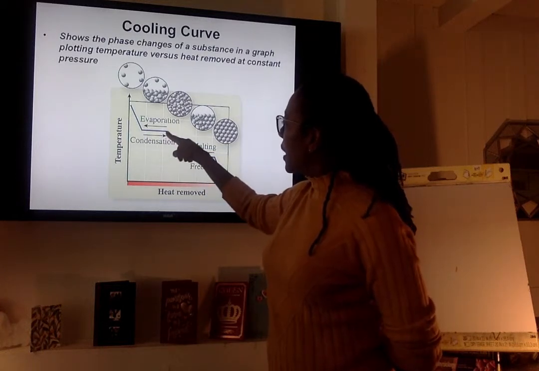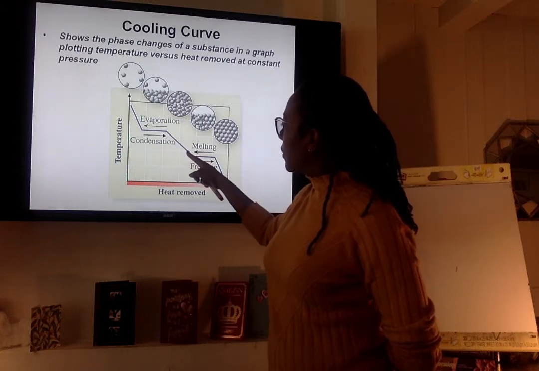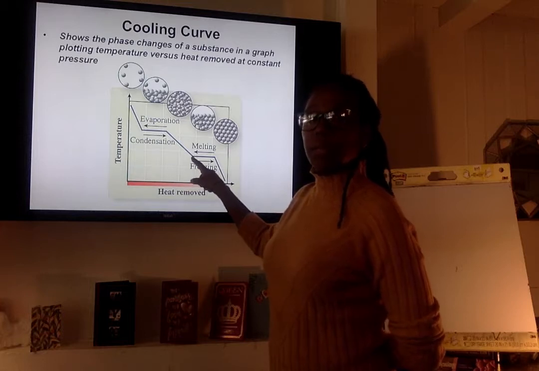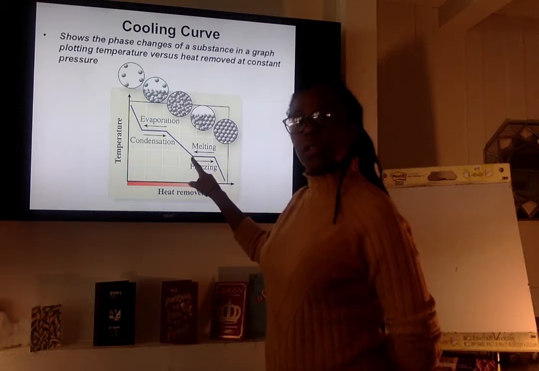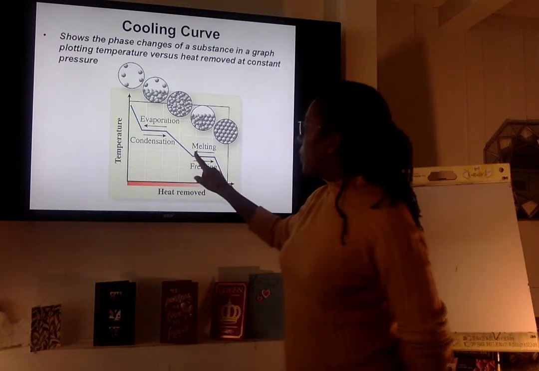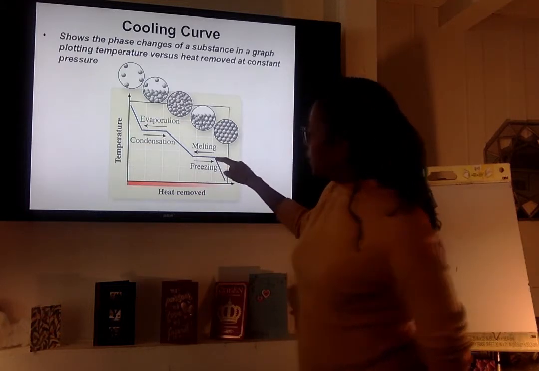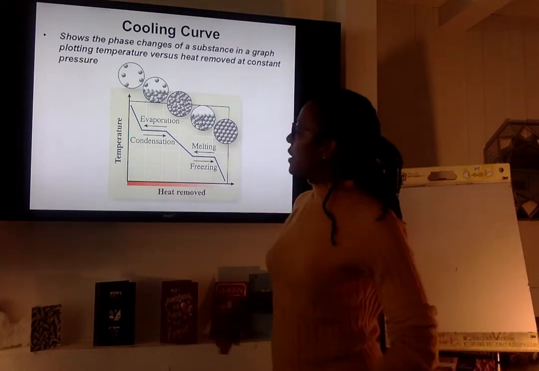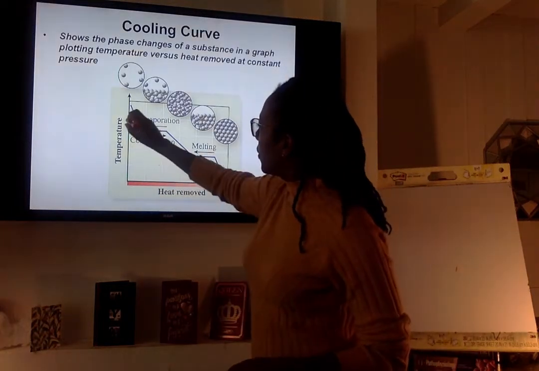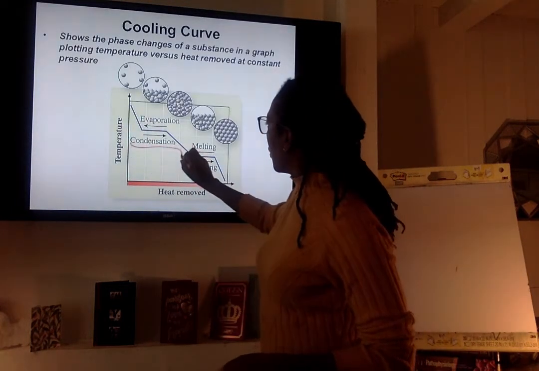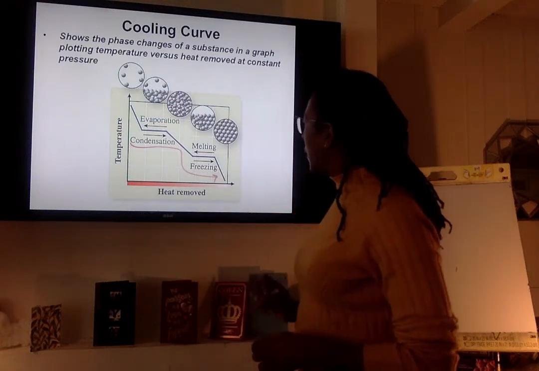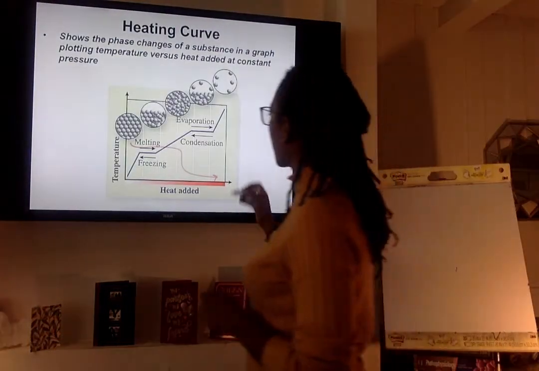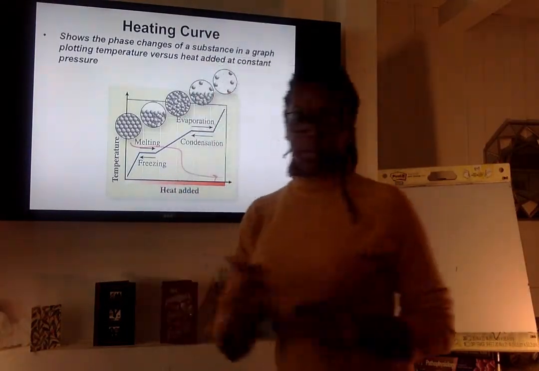So now that I'm a liquid, I'm going to be getting colder and colder until I get to a specific temperature that's going to help me change into a solid. So then I'm going from a liquid into a solid here, which is freezing. And then I'm getting colder and colder and staying in a solid. So this is the direction for cooling, and then this is the direction.